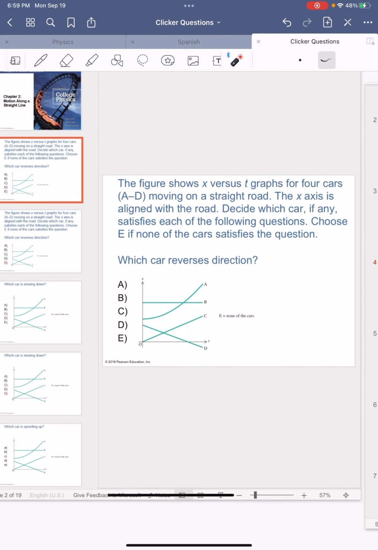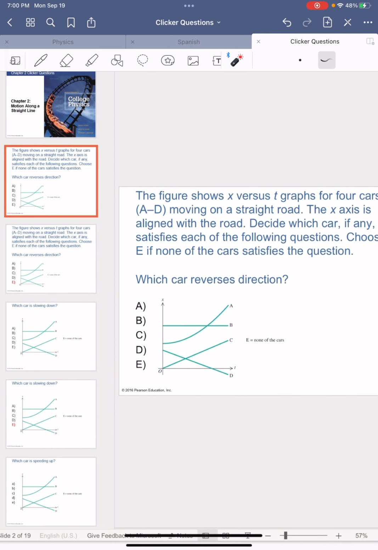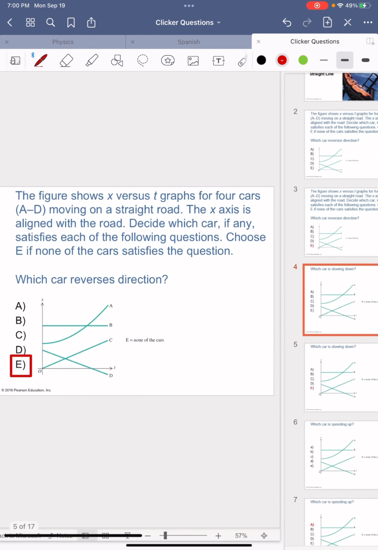So which car reverses the direction? We have 4 cars, but reversing the direction means it's going to go forward and then go back, right? So none of these cars reverse the direction. So E, none of the above, will be the answer here.